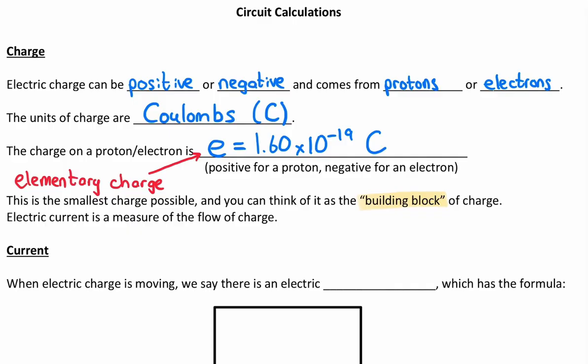Since all charge in the universe comes from electrons or protons, and electrons and protons have this many coulombs of charge, all electric charge in the universe comes from multiples of this number. If you have 2 electrons, then you have 2 times this much charge. If you have 10 electrons, you have 10 times this much charge.